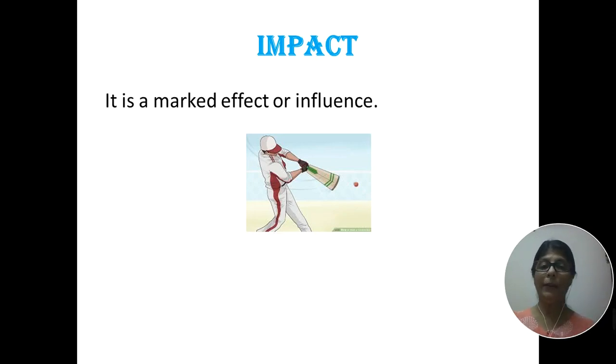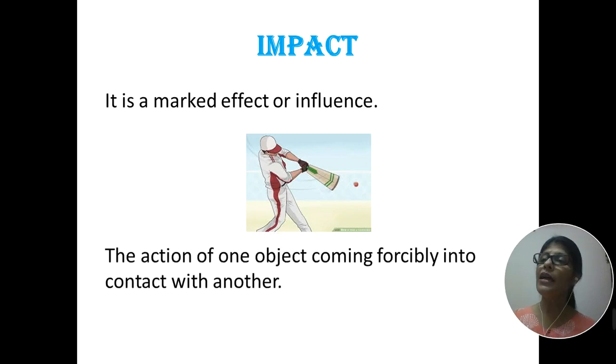It is the action of one object coming forcibly in contact with another. So in impact, one object is stationary and the other object is moving and colliding with the stationary object.